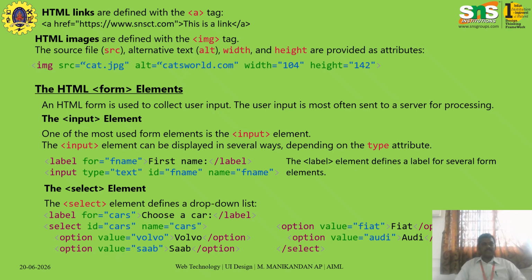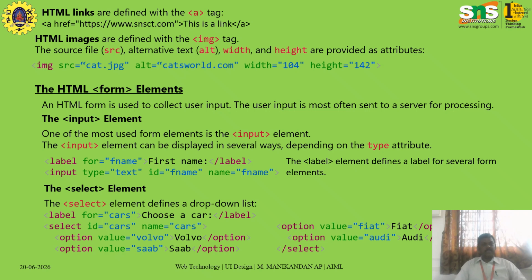Next one, HTML form elements. Form elements are used to collect users' input. Users' input is most often sent to the server for processing. For example, one of the most used form elements is the input element. The input element can be displayed in several ways, depending upon the type attribute.